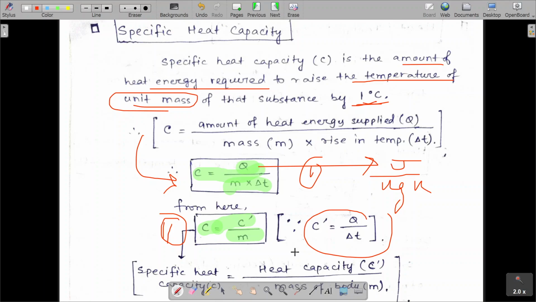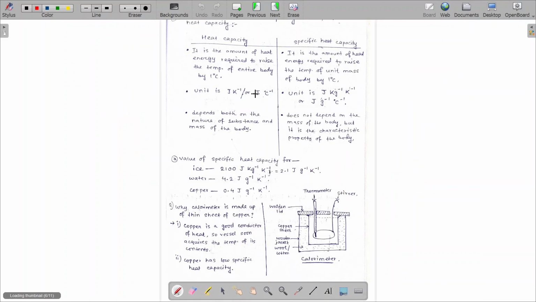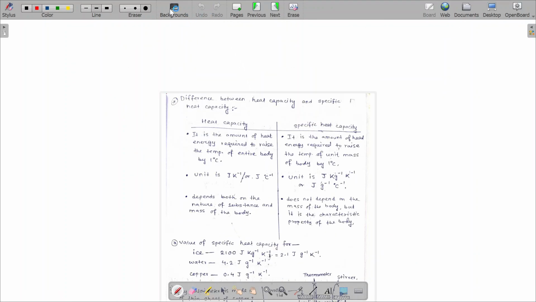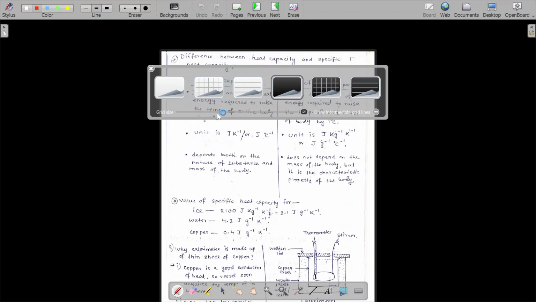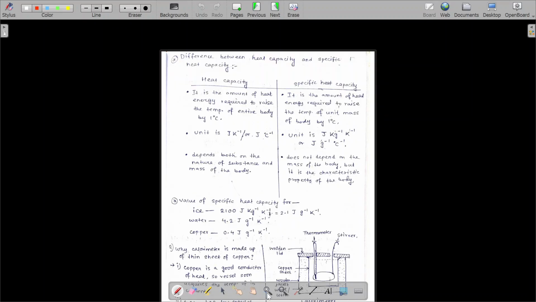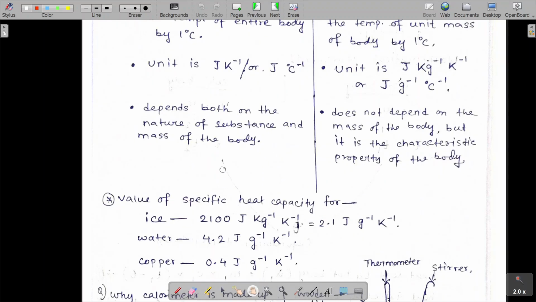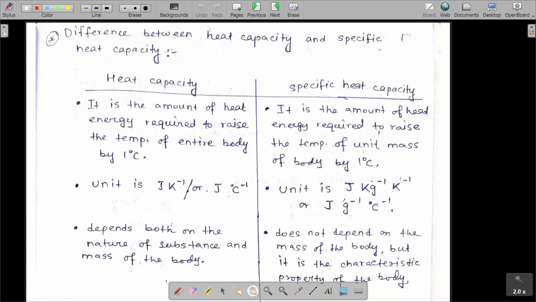Next, let's move on to the difference between heat capacity and specific heat capacity. Heat capacity is the amount of heat energy required to raise the temperature of the entire body by 1 degree Celsius. Here the keyword is entire body.